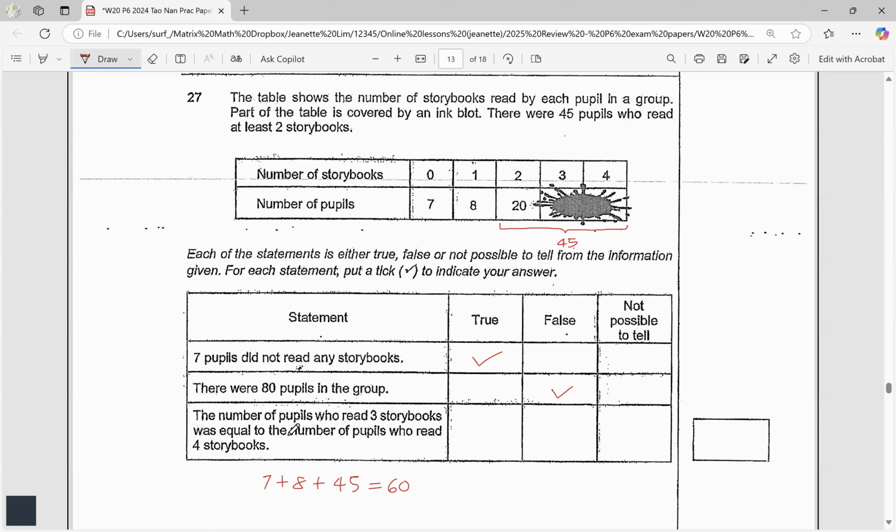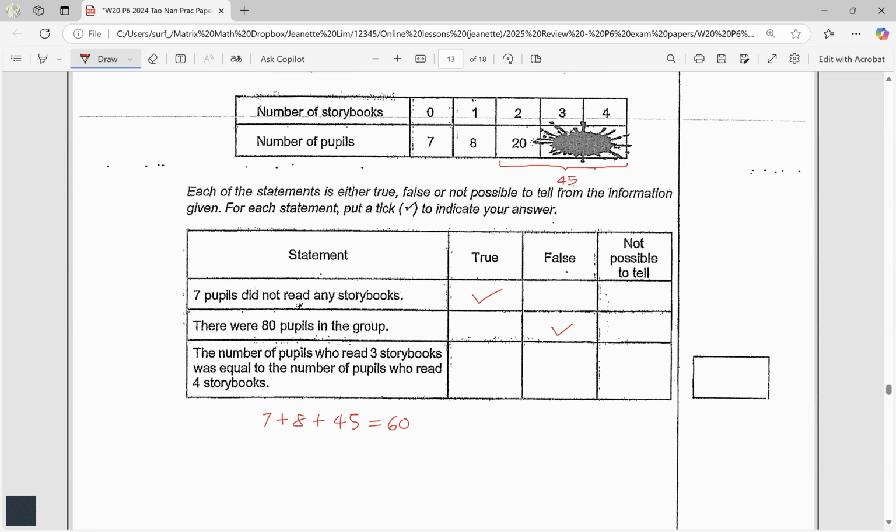Then, the number of pupils who read 3 storybooks was equal to the number of pupils who read 4 storybooks. Now the ink blot is covering the 3 and 4. I can't really tell at first whether they are equal. But with the information given that the 2, 3, and 4 storybooks have a total of 45 pupils, I can at least know the total for 3 and 4, which is 45 minus 20, which is 25.